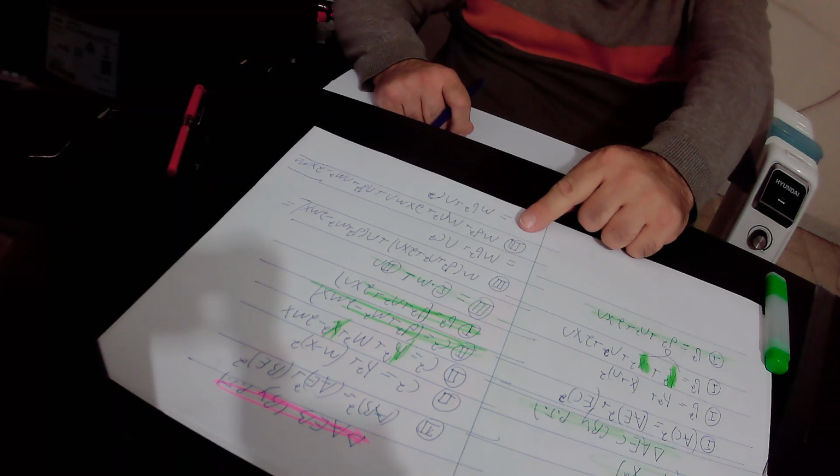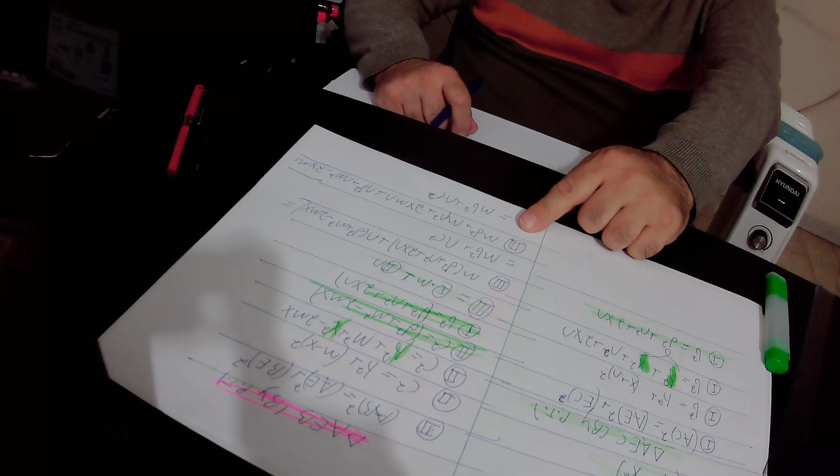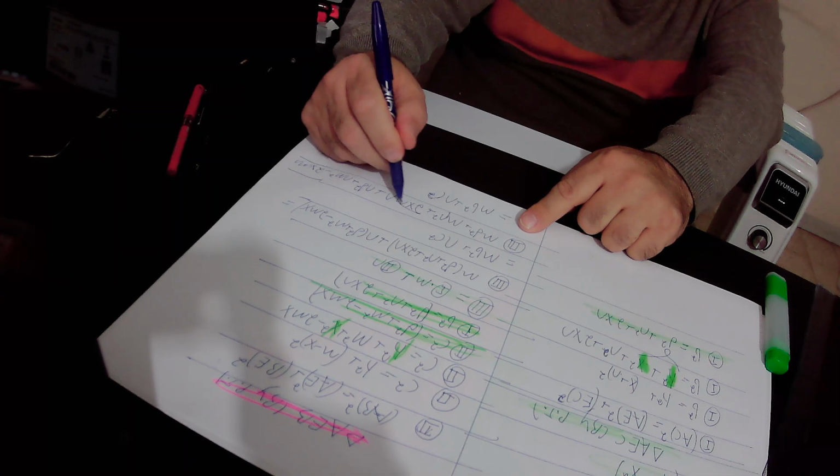So here in this side of equation number 3 we have plus 2xmn minus 2xmn is 0, so those two expressions will get cancelled.